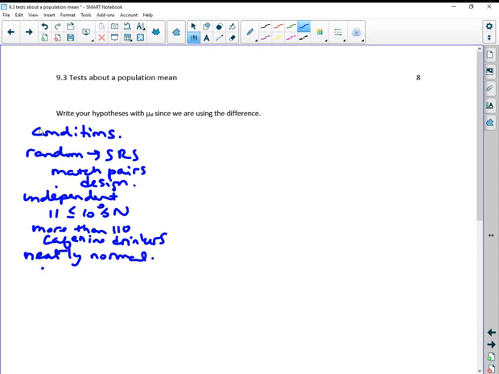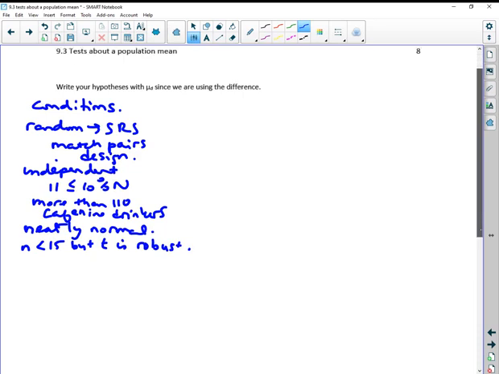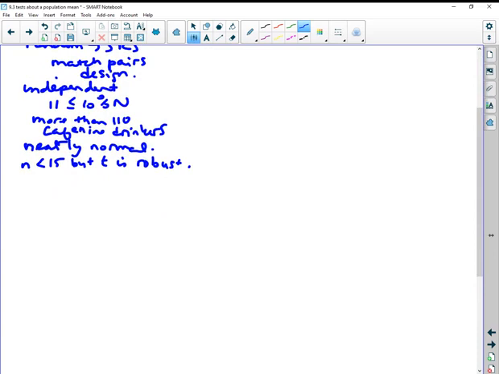So our N is less than 15, but T is robust. We've established normalcy by looking at the graphs. So show those graphs that you checked and make sure you give it a rough scale on what the graph shows.